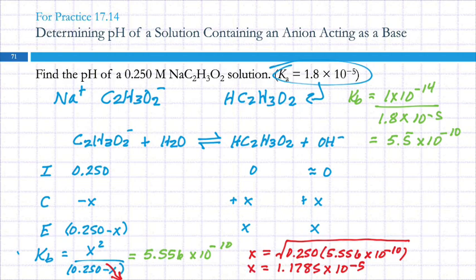What does X equal? The hydroxide ion concentration. We want the pH.